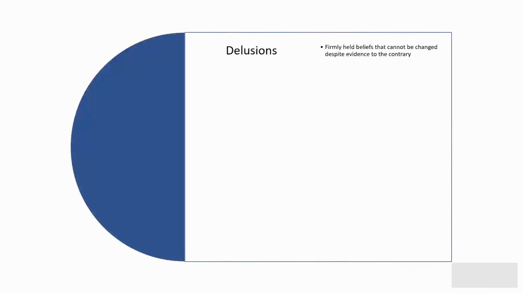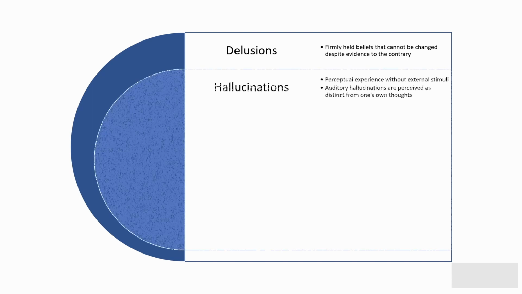Let's talk a little bit more about the symptomatology in schizophrenia. Delusions are defined as fixed, false beliefs that cannot be changed despite evidence to the contrary. They must be out of keeping with the patient's social, educational, and cultural background. On the other hand, hallucinations are a perceptual disturbance without external stimuli.